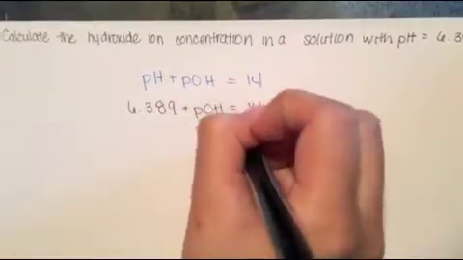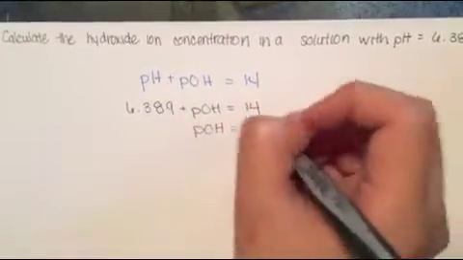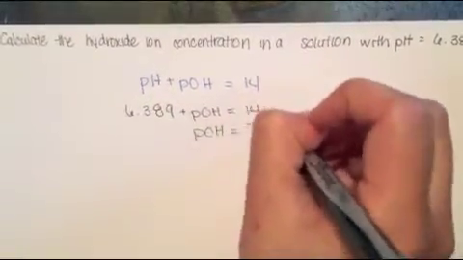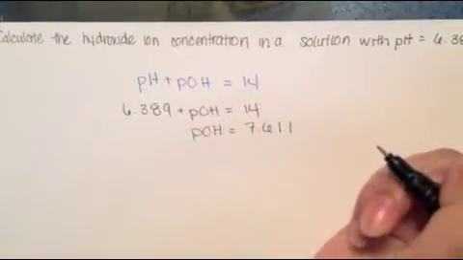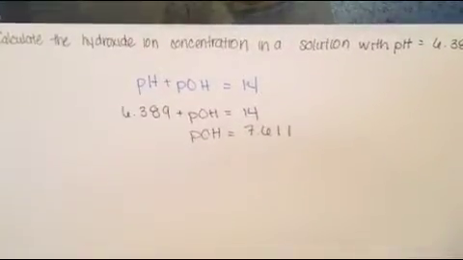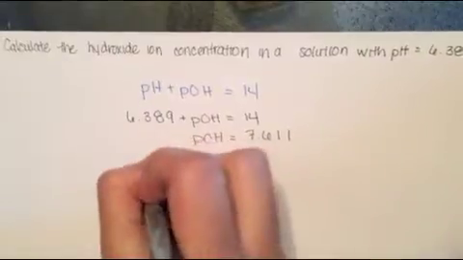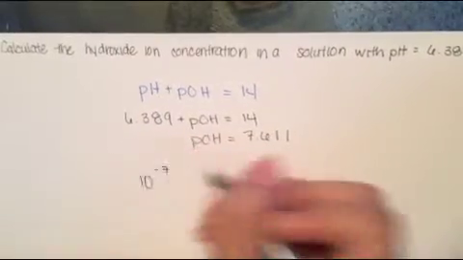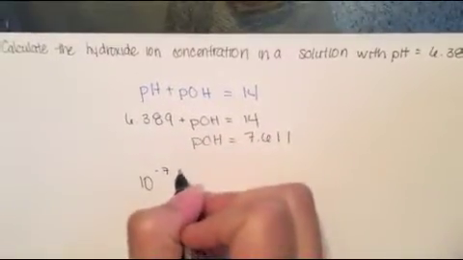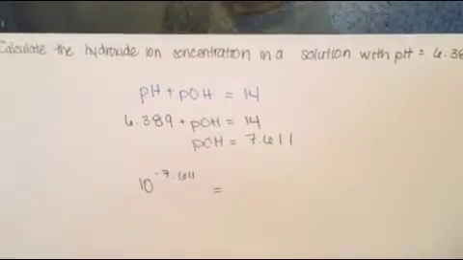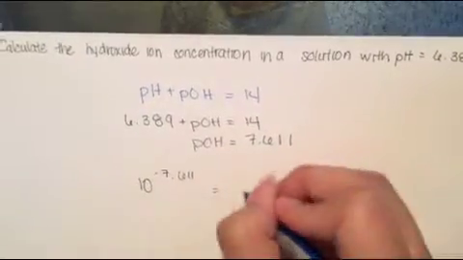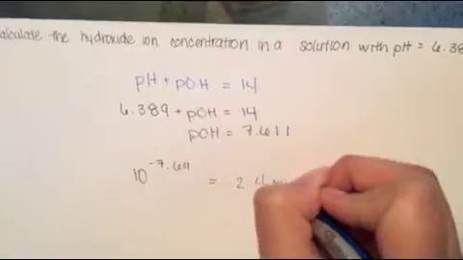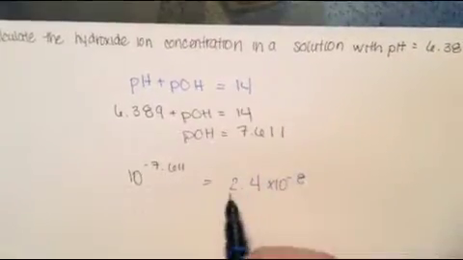So you know that pOH is equal to 7.611. And from there you do 10 to the negative 7.611 and you get a concentration of 2.4 times 10 to the negative 8.